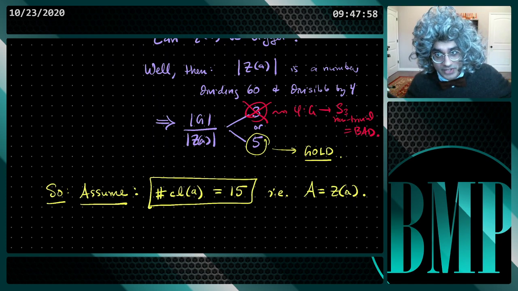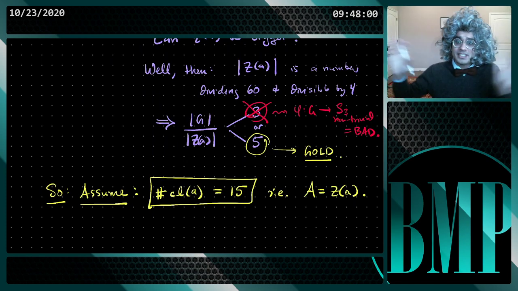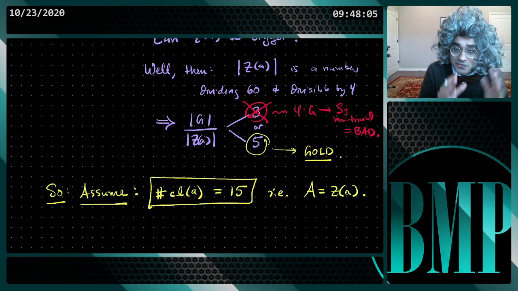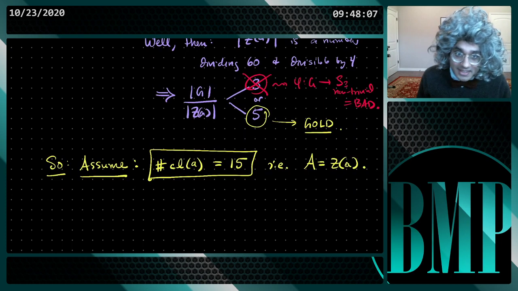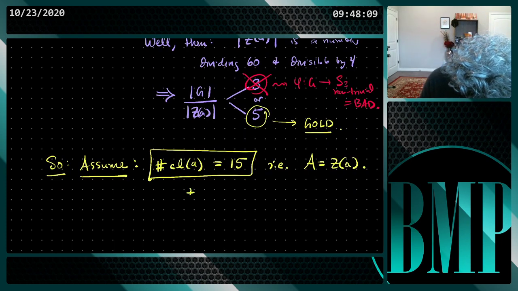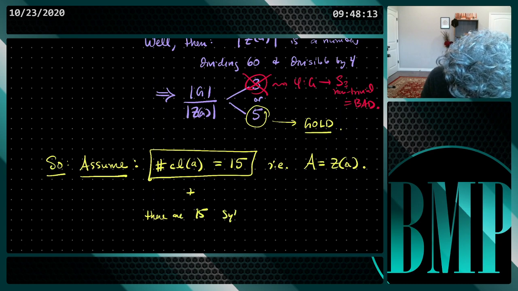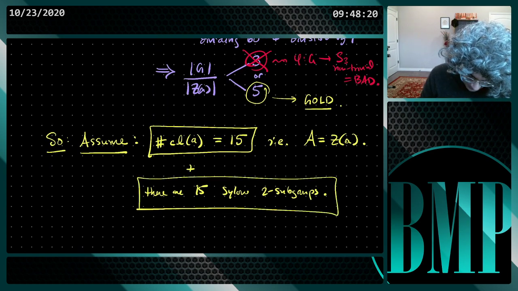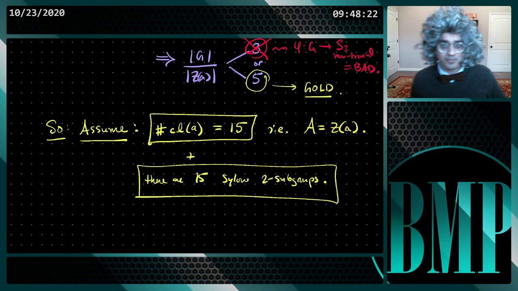It's a big, massive case check. In the other cases, we still exhibited an isomorphism with A5. Awesome. So let's assume that. Plus, we know that there are 15 Sylow 2 subgroups, and capital A was one of them.